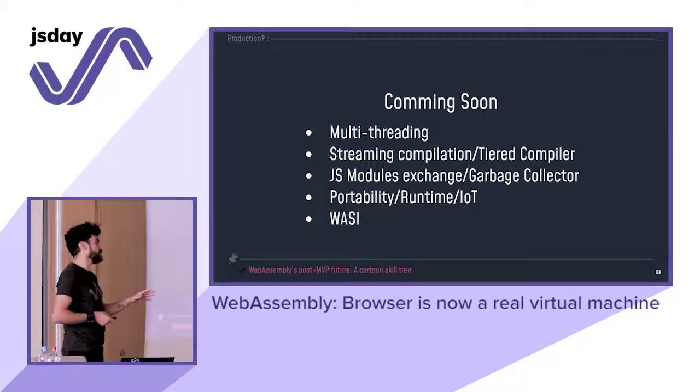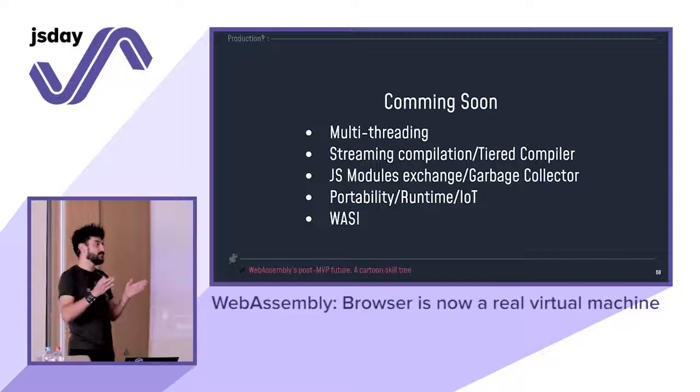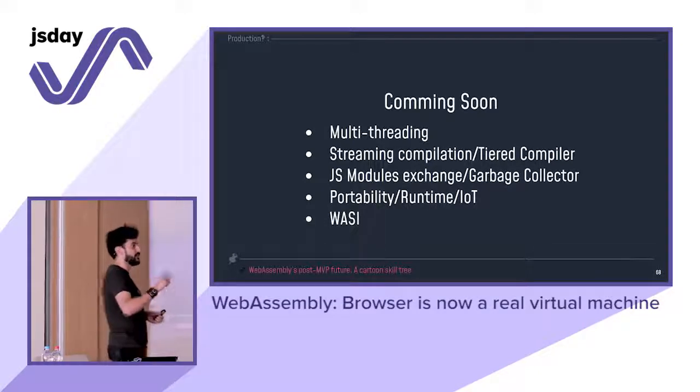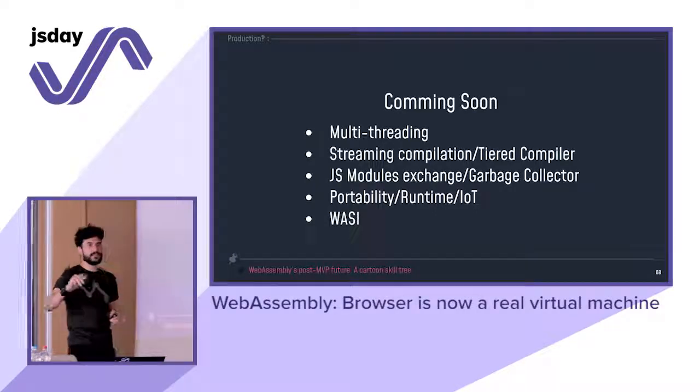And WASI is just awesome because this is just like POSIX directly implemented in your virtual machine. So you don't need containers anymore. This is just a subset of standard interfaces that allow you to access files, system, devices directly in your WebAssembly code.